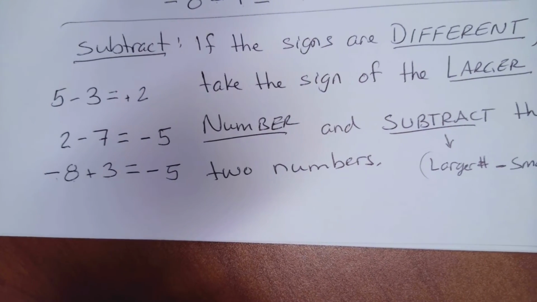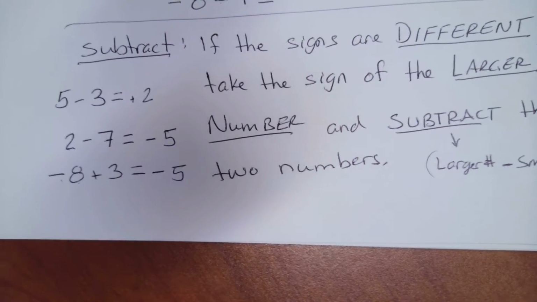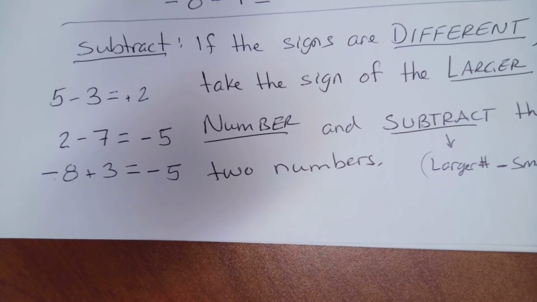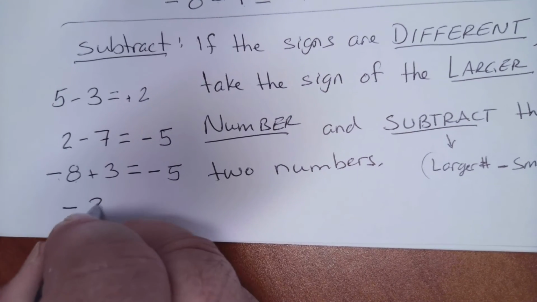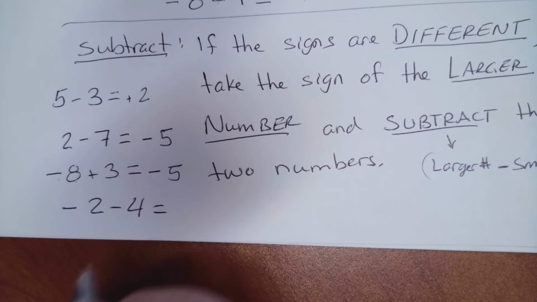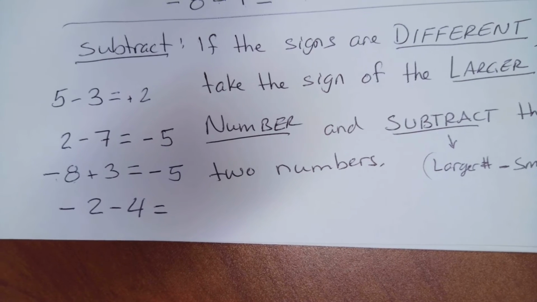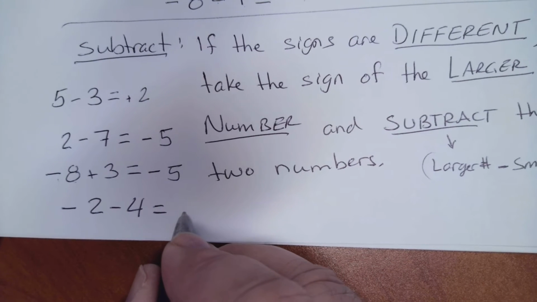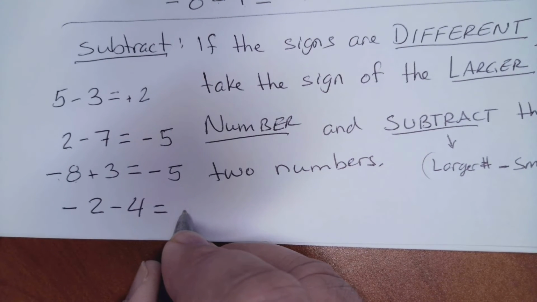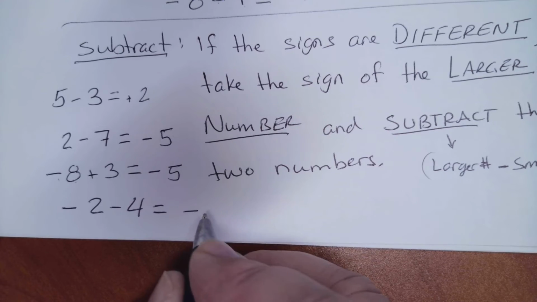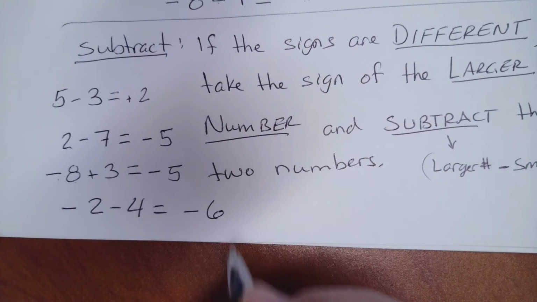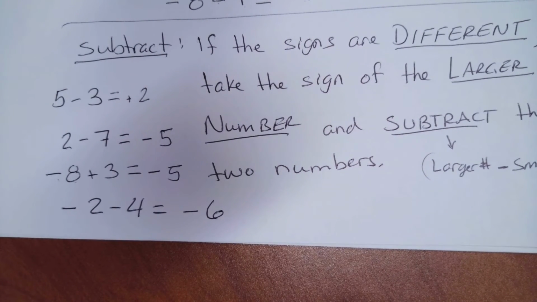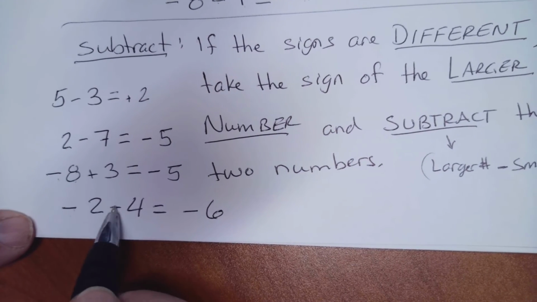Makes more sense now? Hopefully, I'm trying to get all the fear away from negative signs. How about this one? What's the answer? Positive or negative? What's the number? The signs are the same.